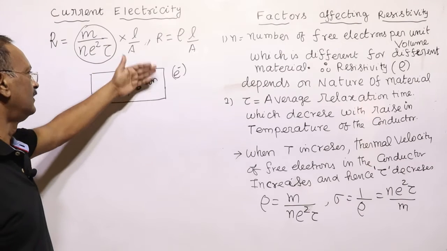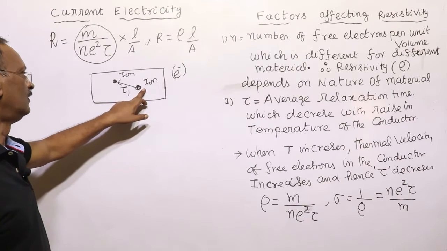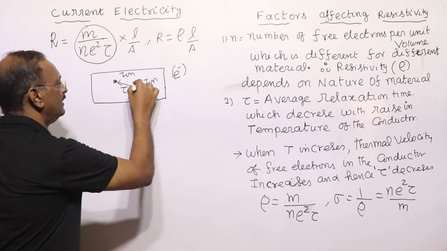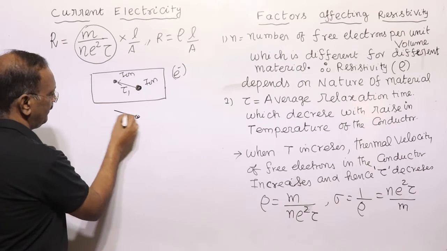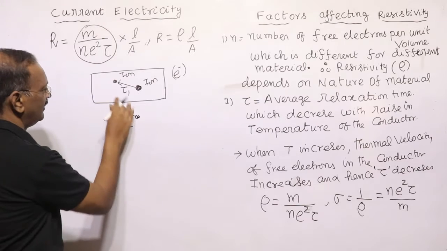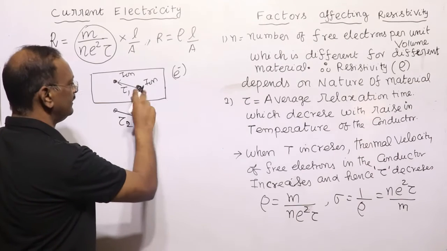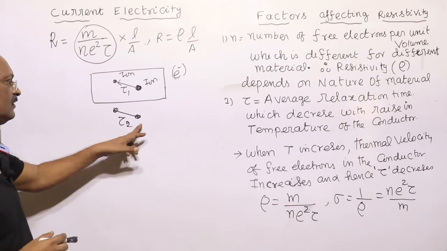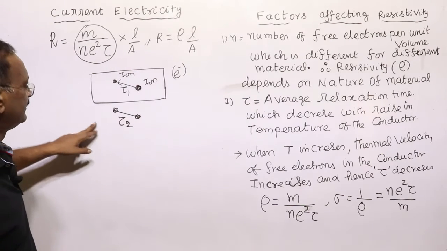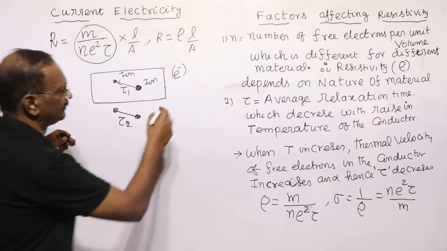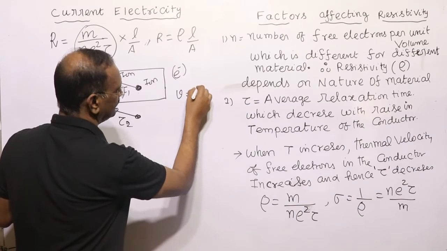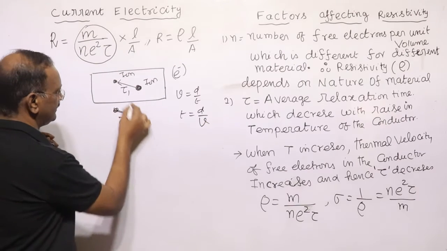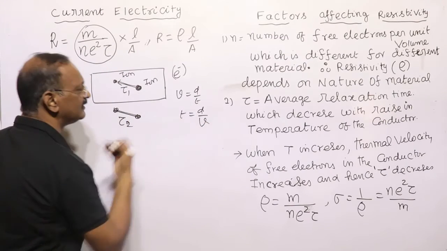If the temperature of the conductor is increased, the electron will acquire thermal energy and its speed will increase. Since velocity is equal to distance by time, or time is equal to distance by velocity, the distance is the same for both but the velocity increases, so the time will decrease.